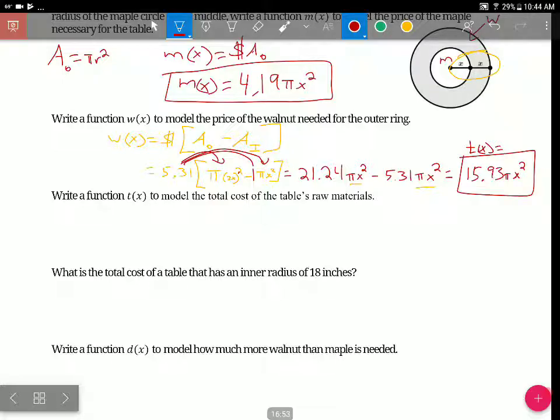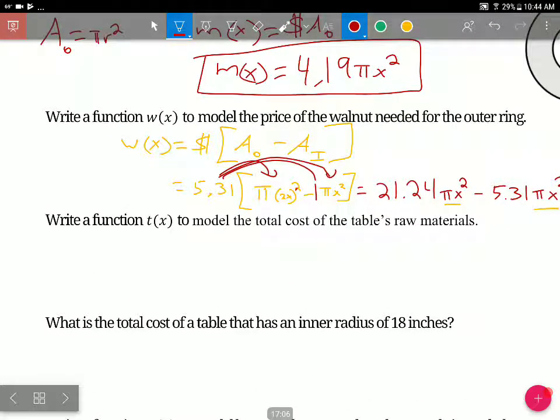Is he right? I'm seeing some nods. Come on. If you want to find the total amount, what are you going to do? You're going to add them. So we want the maple. I know this is like riveting stuff. Groundbreaking.